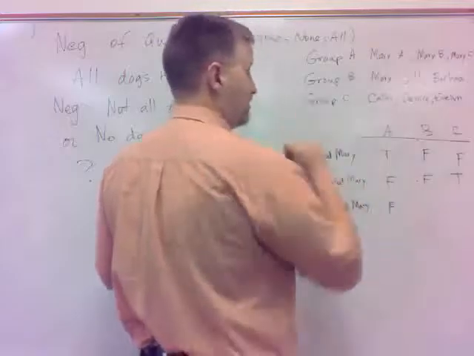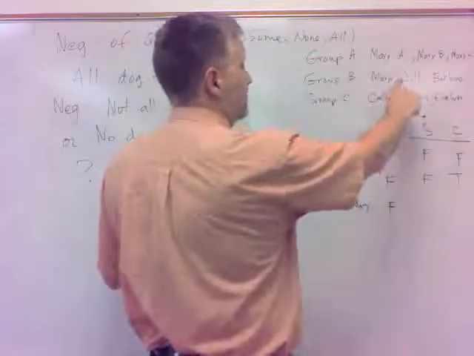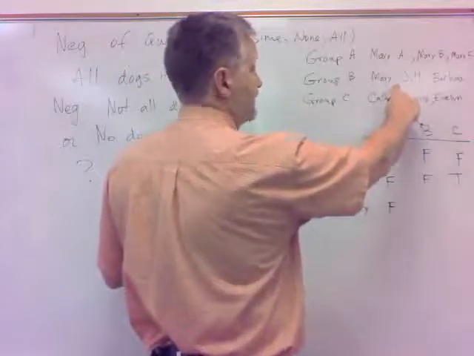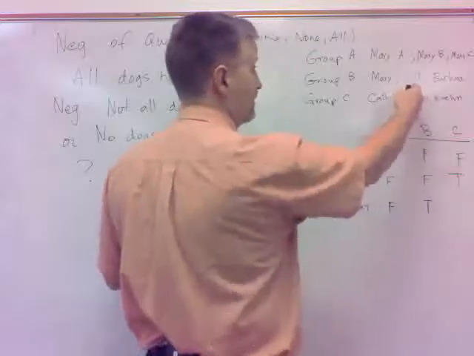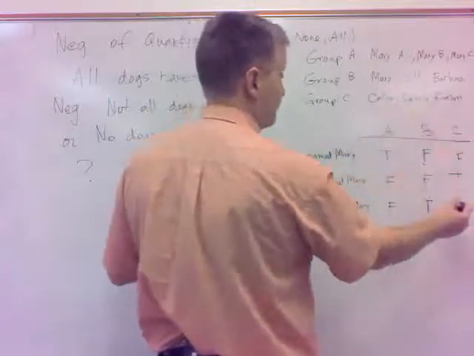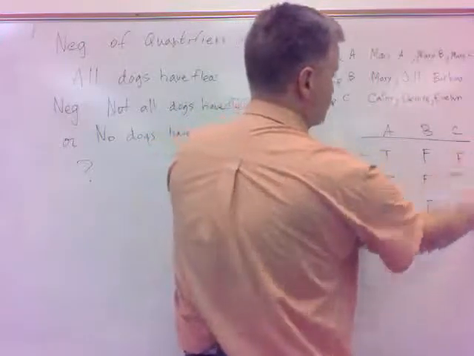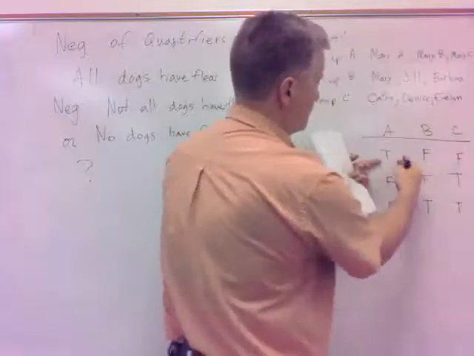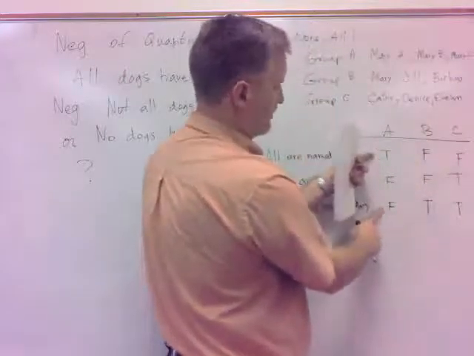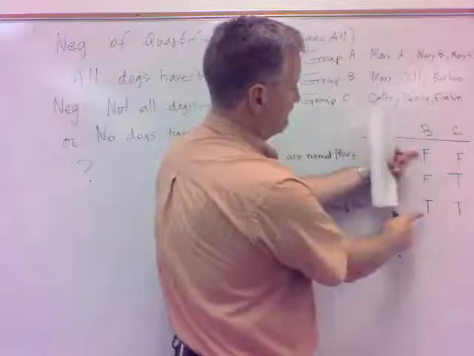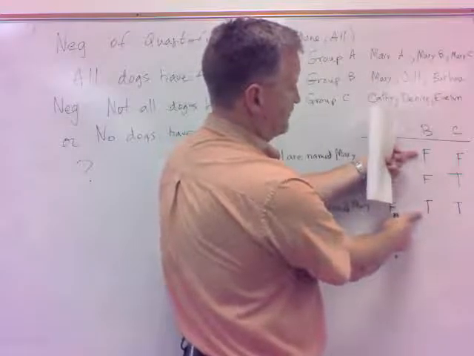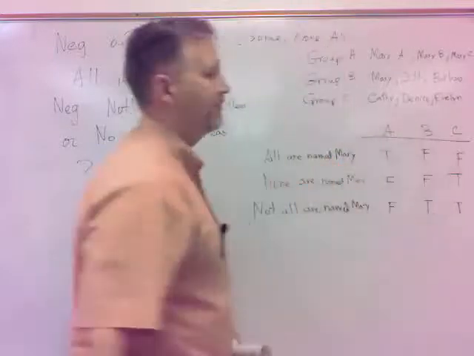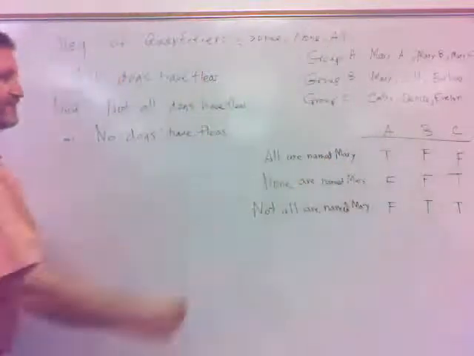They all are named Mary. In group B, not all of them are named Mary. That's true, because not all of them are named Mary. In group C, not all of them are named Mary. That's true too. So you notice, yeah, that is a true negation. You got true, and then you got false for the not all. You got false on all, you got true on not all. That one is, yeah, a true negation.